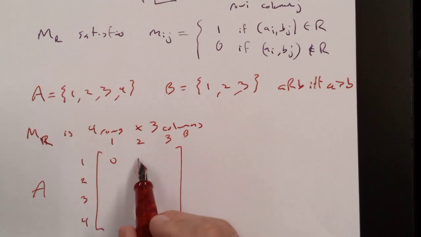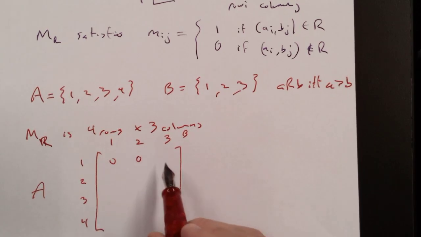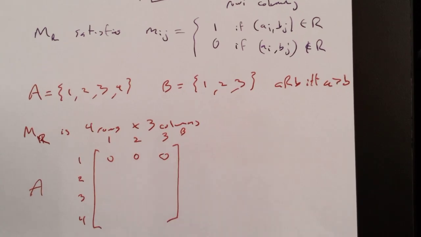What about here? Here. There we go. Whole first row is zeros. Second row. Ta-da. This is our matrix for this relation. I like it.